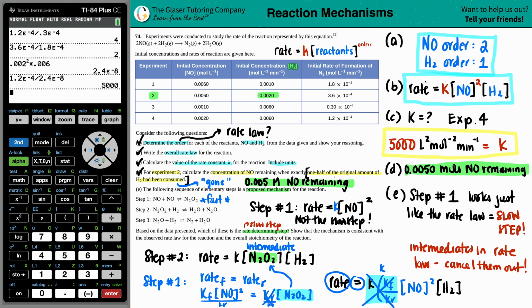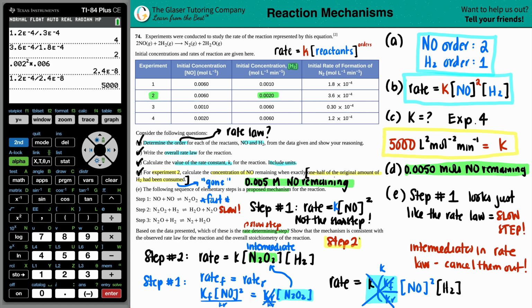Rate equals some K value times NO squared times H2. There it is. It's identical. So whichever one matches identically, that's going to be the slow step. So we know that step 2 is the slow step, or the rate determining step. Which one is the rate determining? The second step. Step 2.